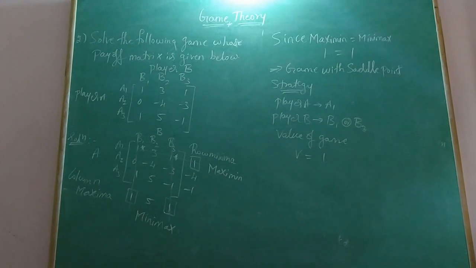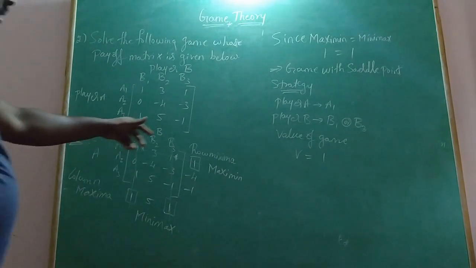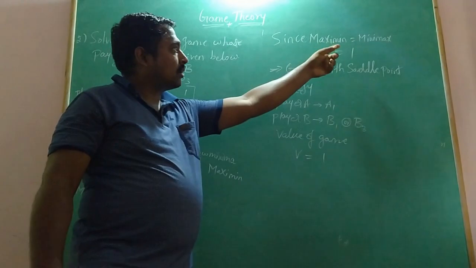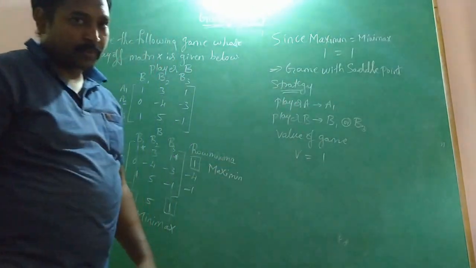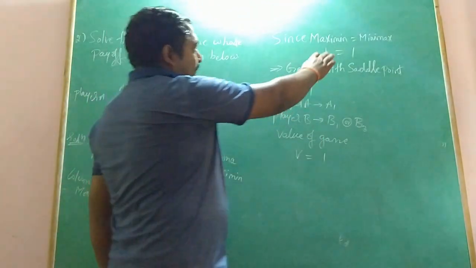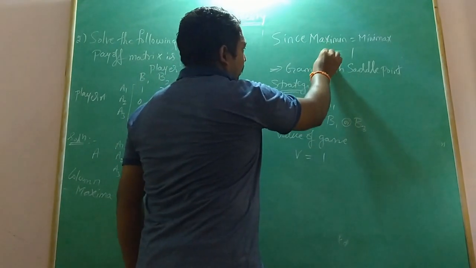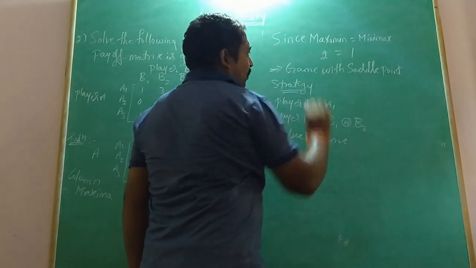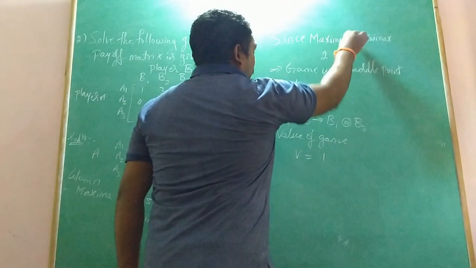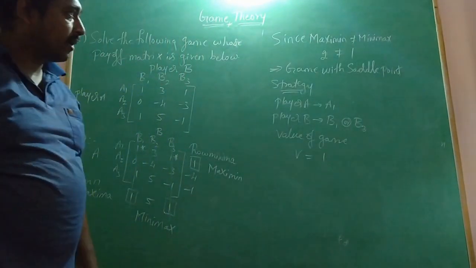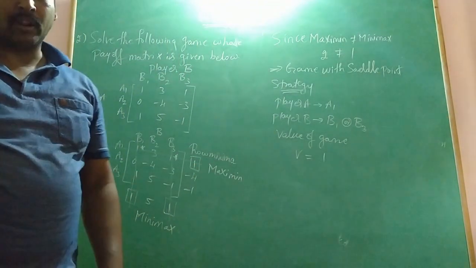Those are the two problems which we solved, since the maximin is equal to minimax. Suppose the maximin is 2 and the minimax is 1, that is, if they are not equal, then we call it a game without a saddle point.